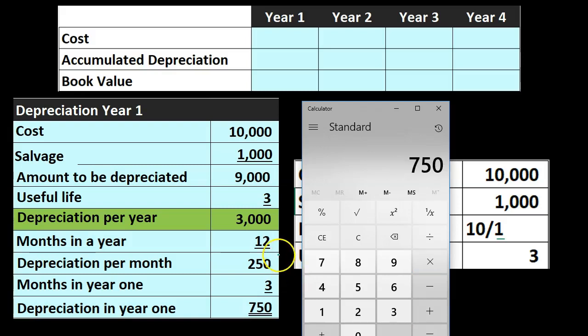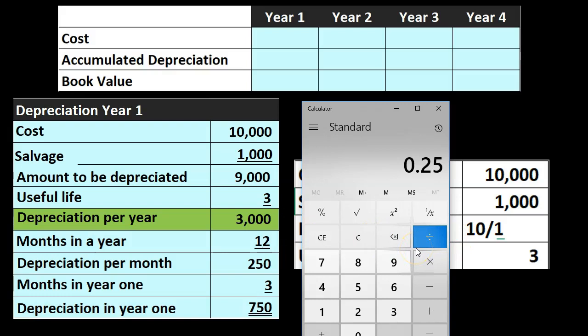And if you were to just write it out in a book, that would be the shortest way to do it, 3 over 12 times 3,000. And you could even write it quicker by saying 3 over 12 can be simplified down to 1 over 4. So if you see a problem that says 1 over 4 times 3,000, that's the most simplified term in order to record this portion of the year.